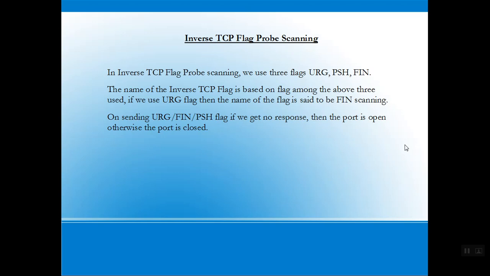If we are using a FIN, the scanning name would be a FIN scanning, and so on. On sending either of the URG or FIN or PSH flag, if we get no response from the server, it means that the port is open. And if we get a response from the server as a RST packet, it means that the port is closed.